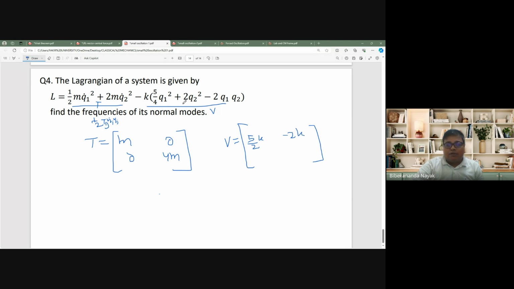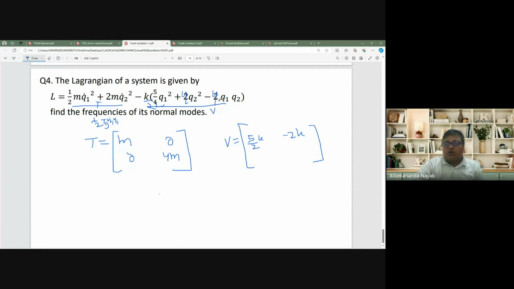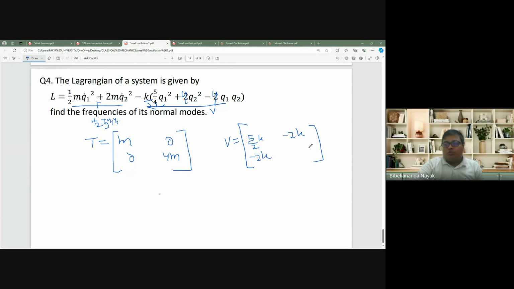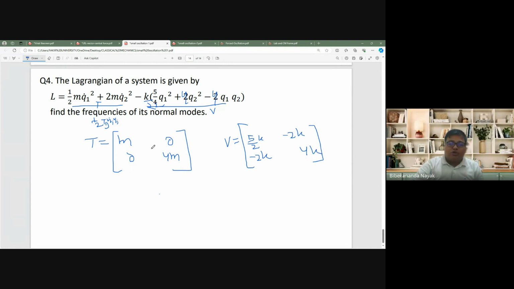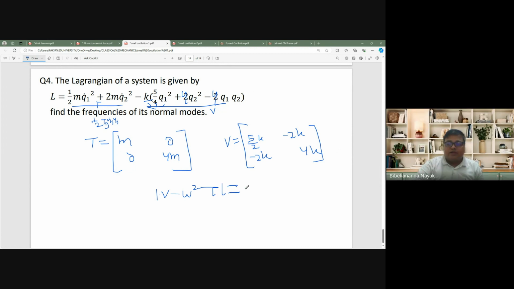Taking half common, it will be 5 by 2, and 4. The product term is divided by 2, so it is minus 2k, and here 4k. Then for the frequency, take V minus omega square T, determinant equal to 0. Putting 0, you get the value of omega.